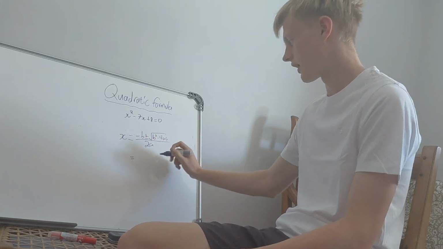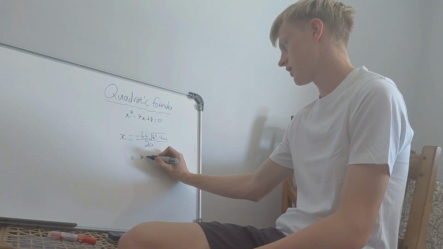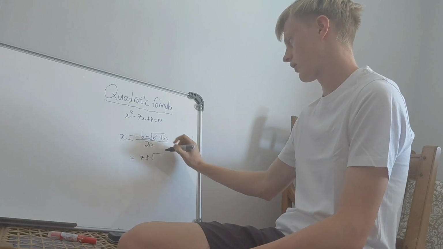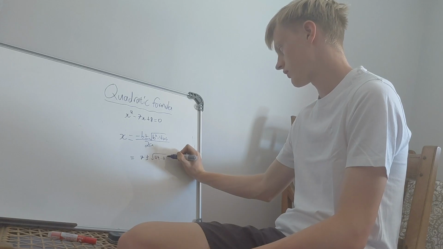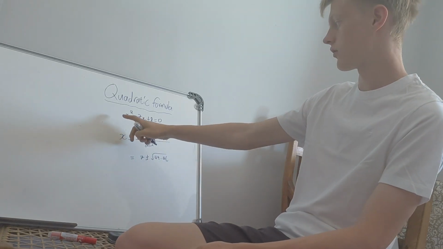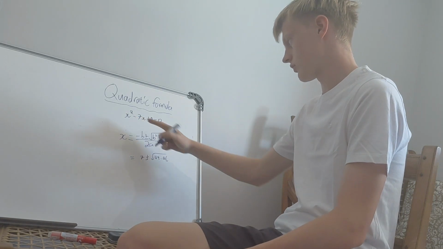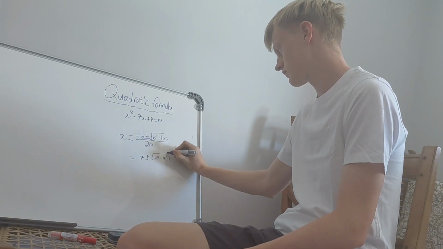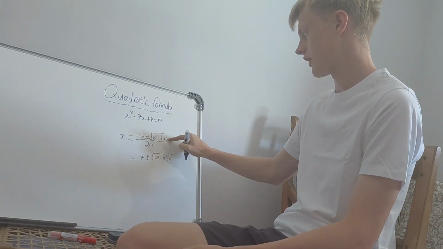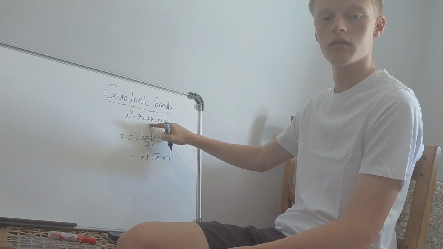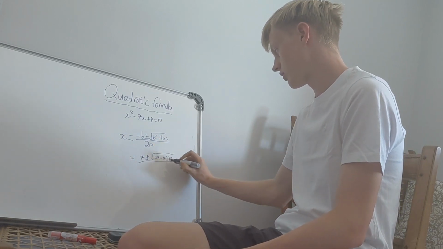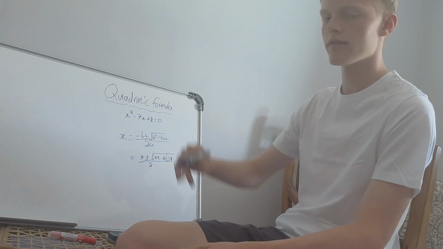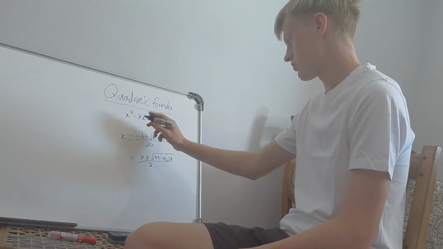So it's minus minus 7, which is 7, plus or minus the square root of minus 7 squared minus 4 times a. a is the coefficient of the x squared term, which is 1, minus 4ac, and c is the constant term, so the 8. And this is all over 2 times a, which is the coefficient of the x squared term, which is just 1.